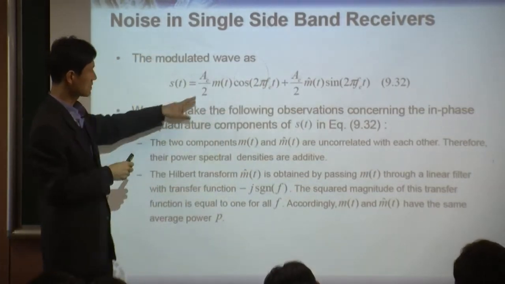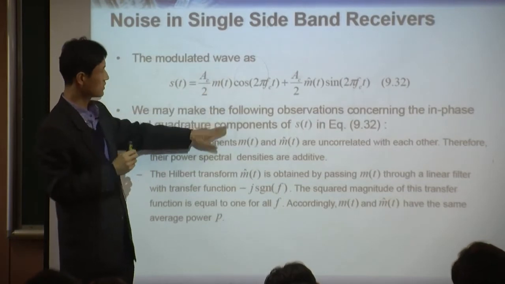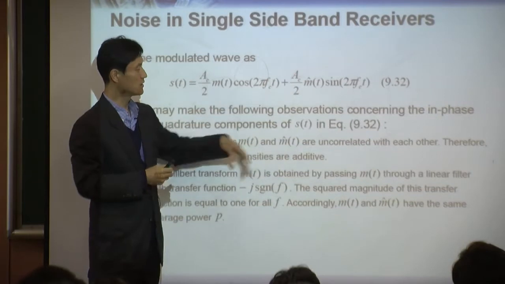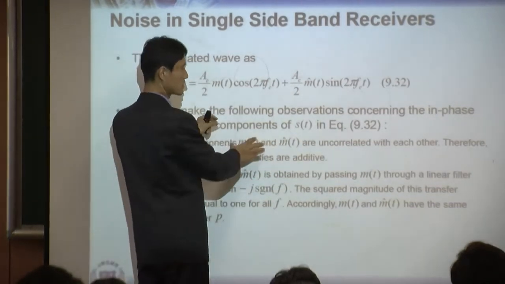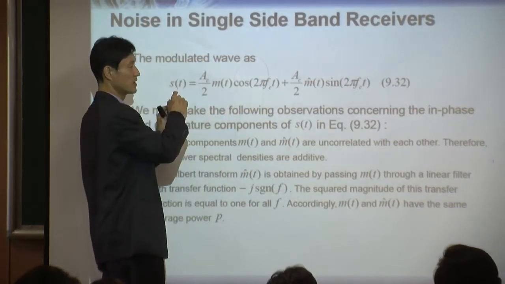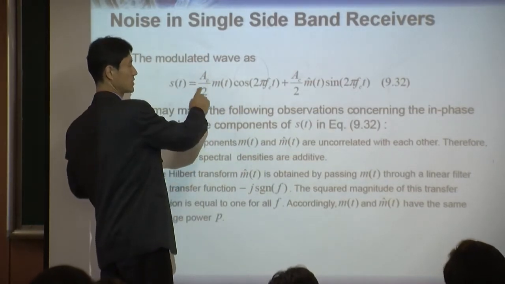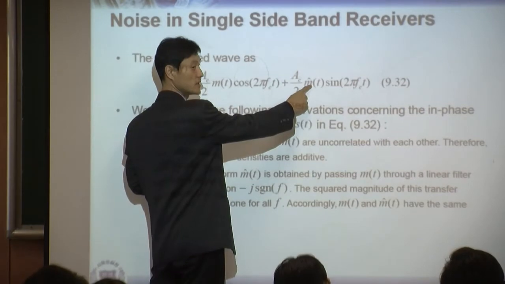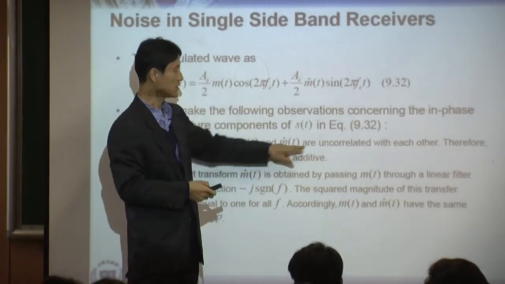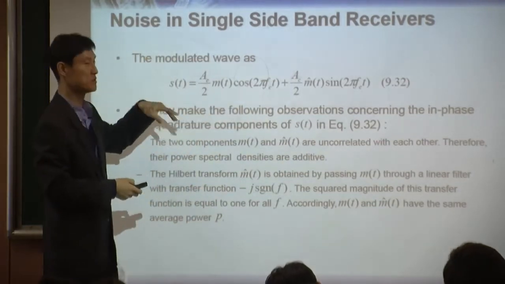That cross product will be 0 because we assume that m(t) and m hat(t) are uncorrelated. If we do the cross product and take an expectation, eventually you get the expectation of m(t) times m hat(t), which is how to calculate the correlation. But we assume that these two are uncorrelated, so that term will be 0.